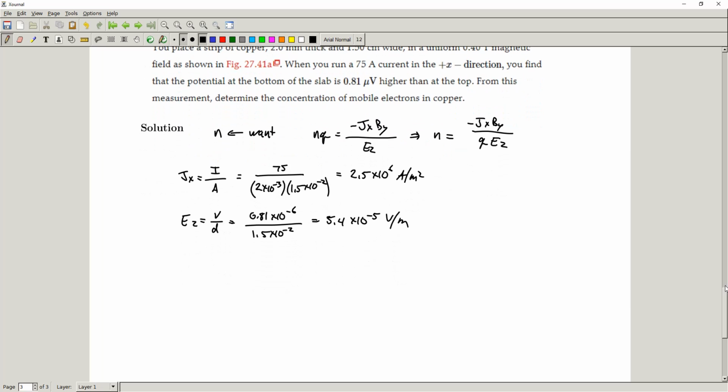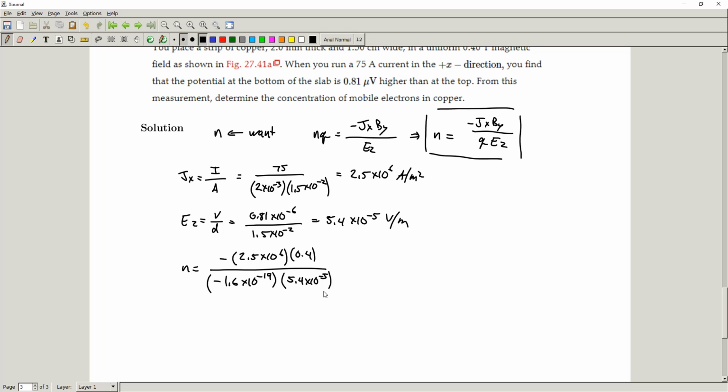We sub it into this expression here, and we end up with n is equal to minus 2.5 times 10 to the 6, that's our JX from here, times the magnitude of our magnetic field from the problem, divided by the charge on the electron, this would be in coulombs, but we won't have the units, and times our electric field.